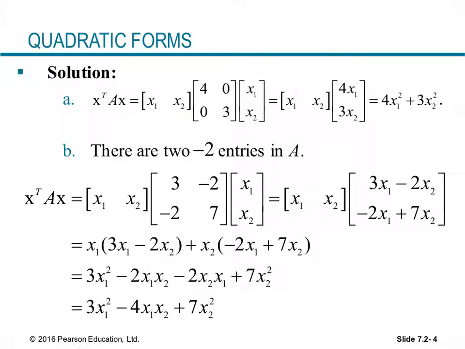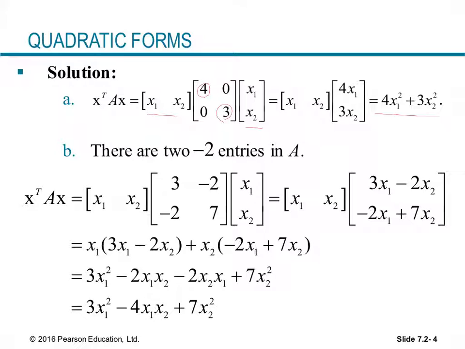So if we consider the matrix A in problem A, since A is a diagonal matrix, when you multiply x transpose and x to A, we get 4x1 squared plus 3x2 squared.